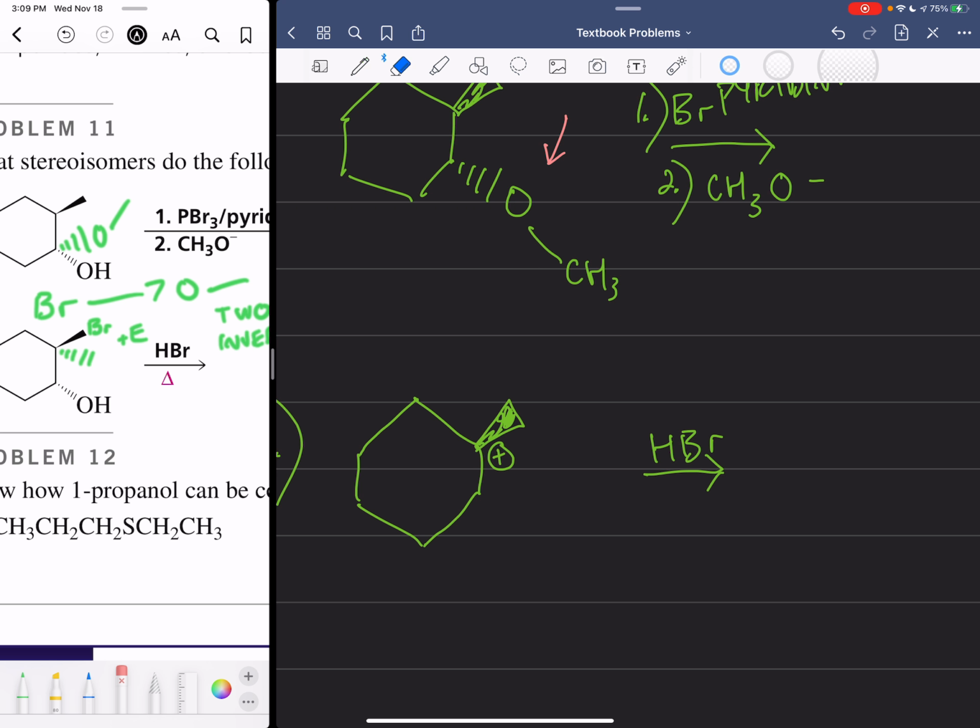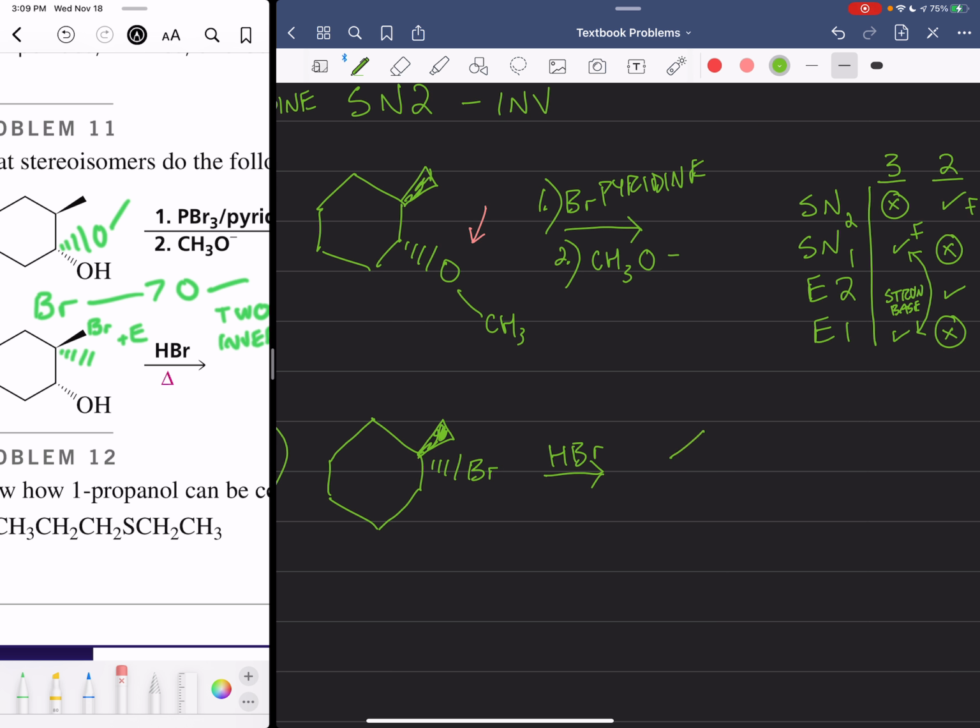Now, Br can come in. And because OH was in this position, carbocation comes here. A bromine is in the way, so it kind of has to be like that.